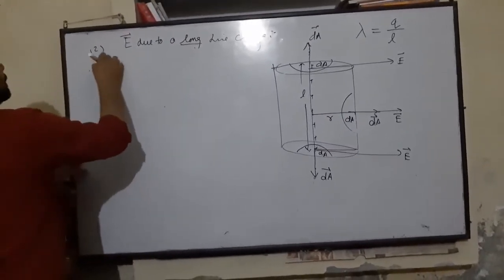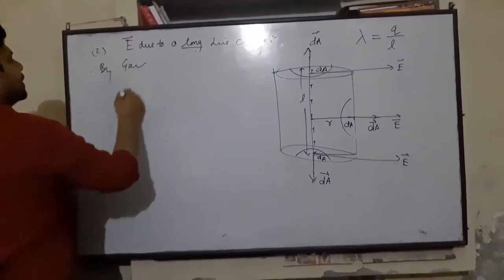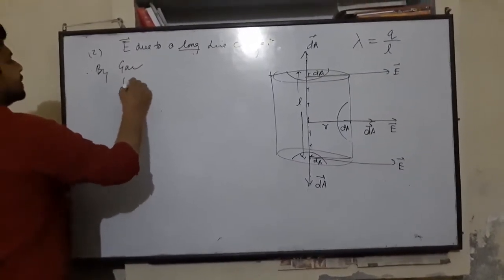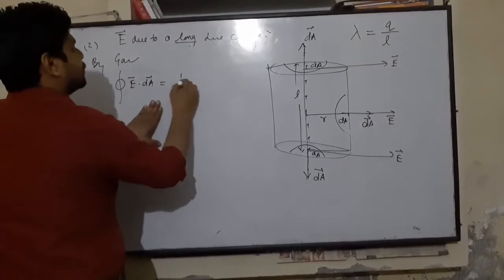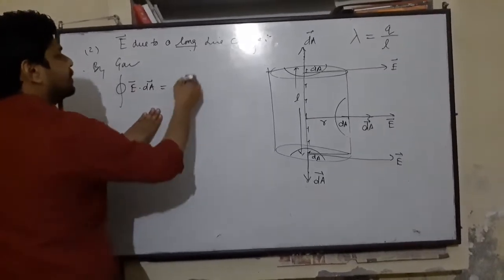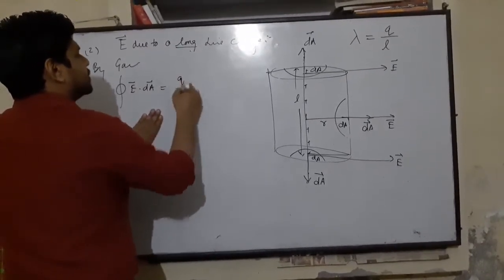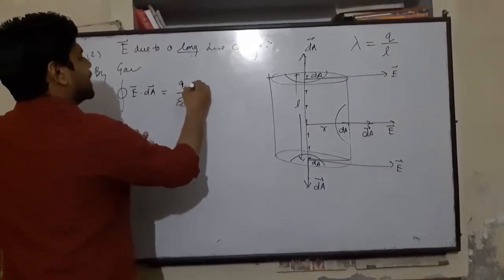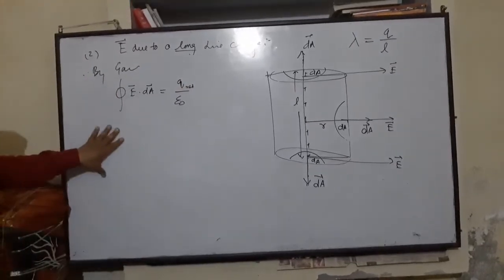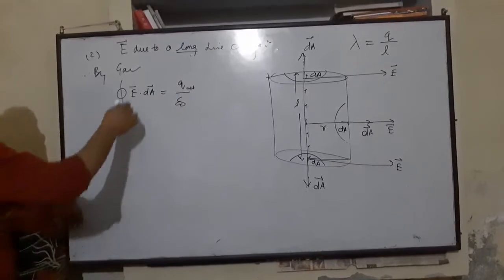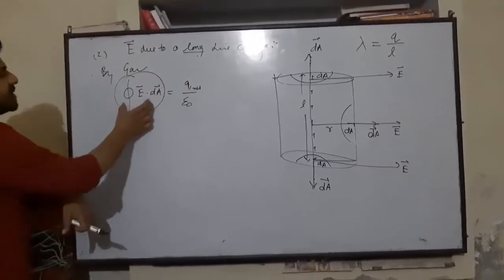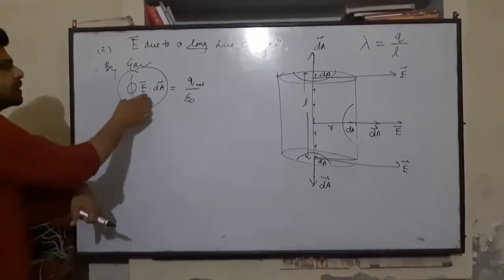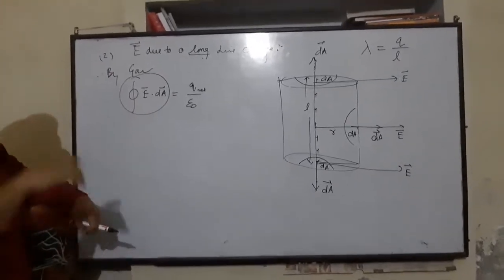By Gauss law, the total flux passing through a closed surface is equal to 1 over epsilon naught times the total charge, the net charge enclosed within the closed surface. This term is the total flux, the net flux passing through a closed surface.